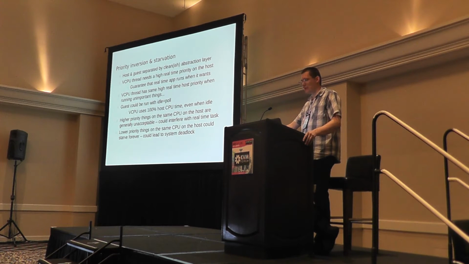And that means if you're looking at a particular physical CPU on the host that has a vCPU thread on it, having a higher priority thing on the host on that same CPU is usually unacceptable, because it will interfere with the latency of our vCPUs.